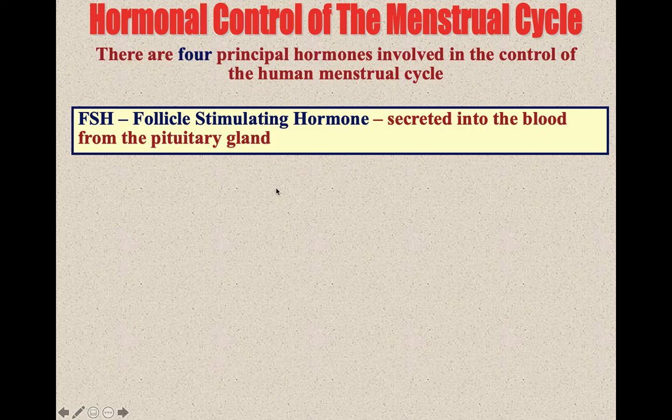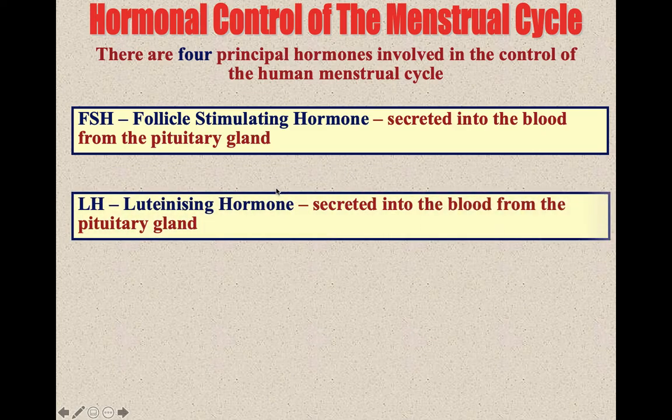The second hormone is called LH, and this stands for luteinizing hormone. Again, you can see it's produced by the pituitary gland, same thing as before. It's going to get released into your bloodstream and go throughout your body, but there are only certain structures which are going to respond to this hormone.